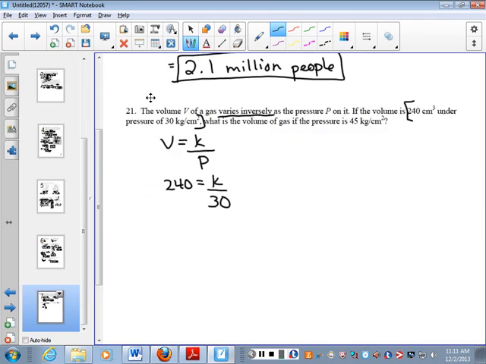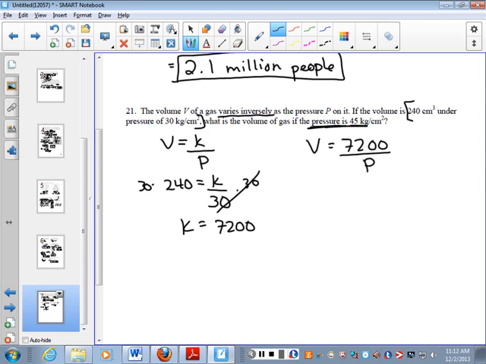So now we can solve for K by multiplying both sides by 30. And we get K is equal to 7,200. So I can rewrite my equation with that number in place of K. And now I'm able to answer the question. What is the volume of gas if the pressure is 45?